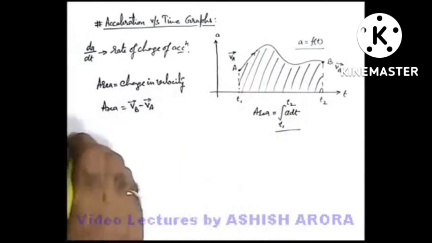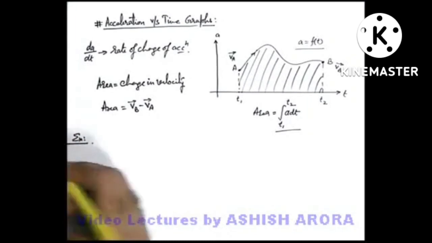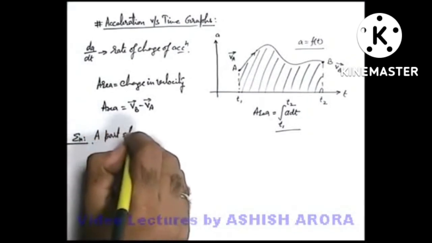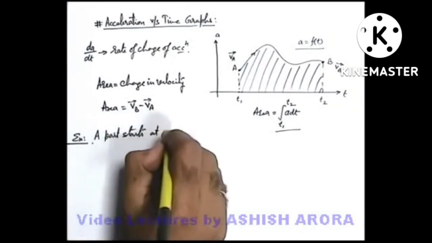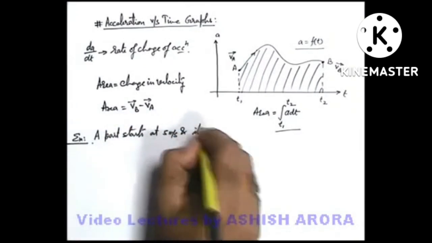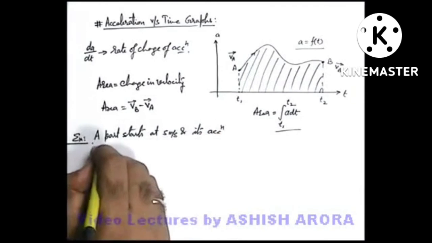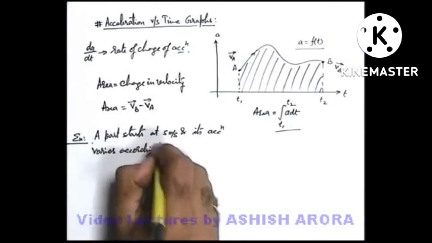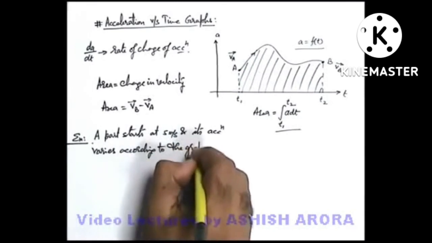If we take up a simple example to analyze this concept, we can say a particle starts at 5 meters per second and its acceleration varies according to the graph shown. We just draw the graph also.